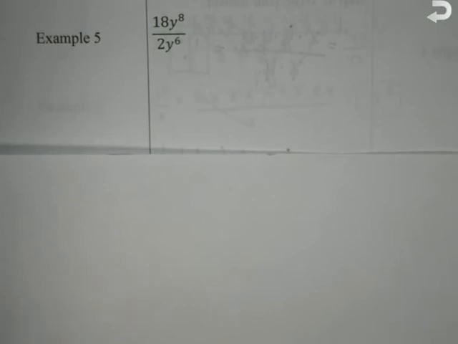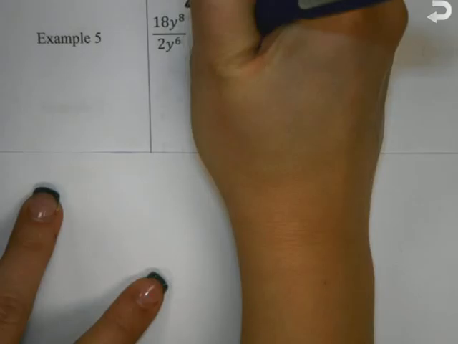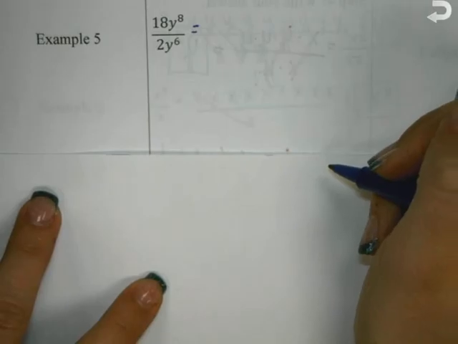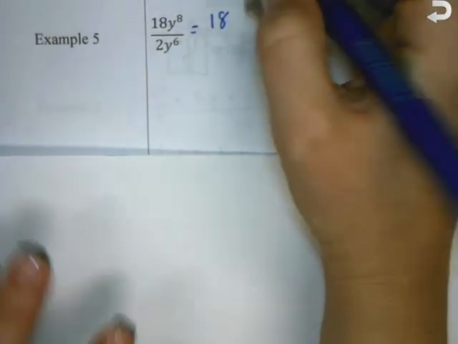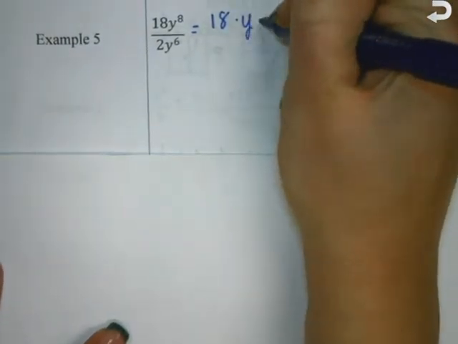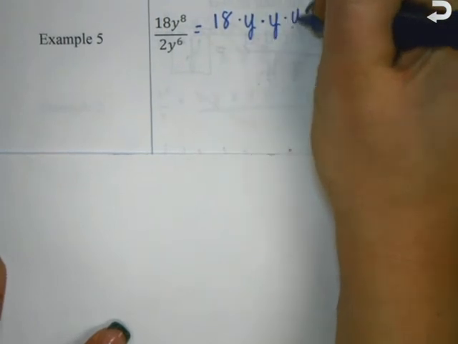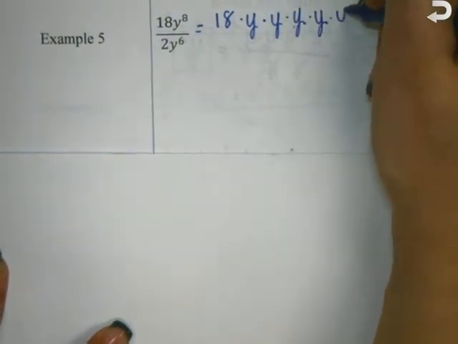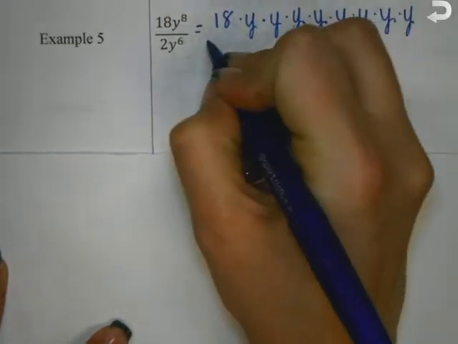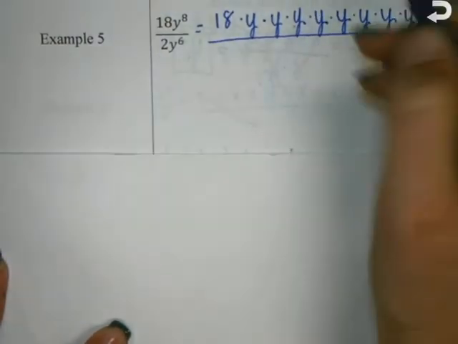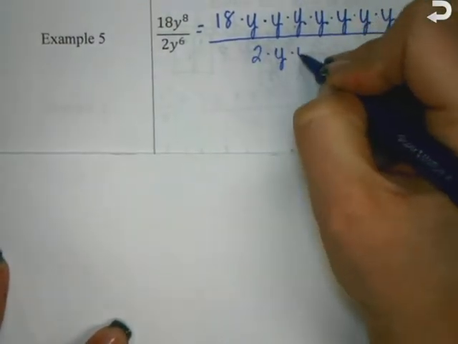So I get 18 times y, 8 times, all over 2 times y, 6 times.